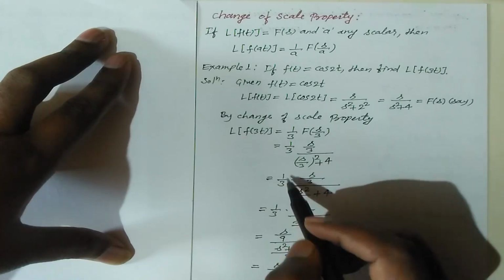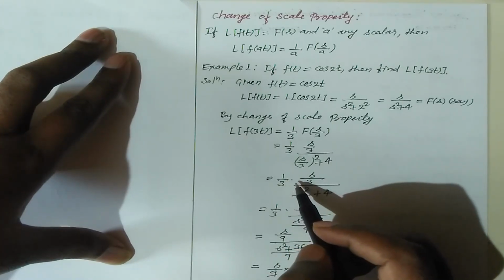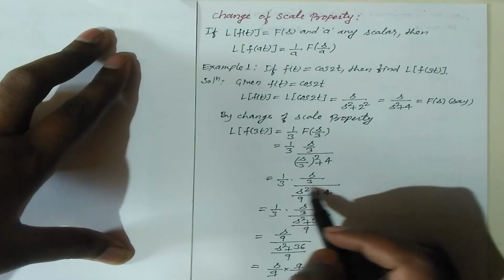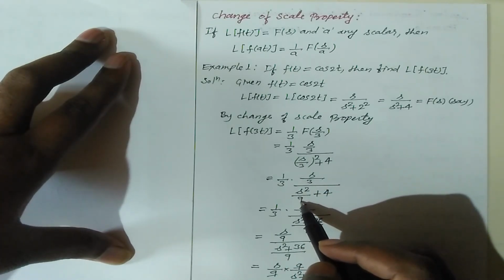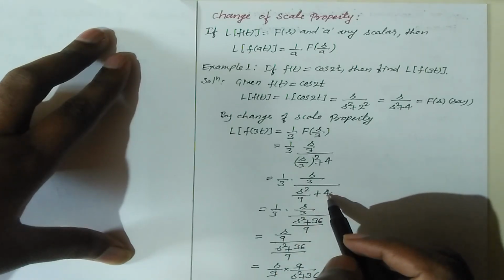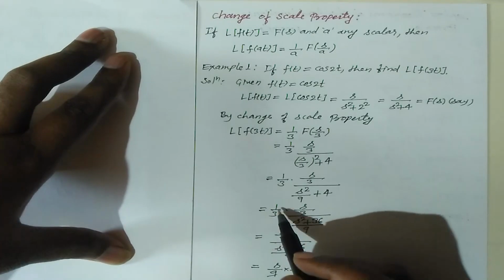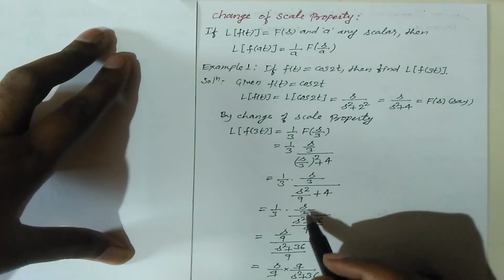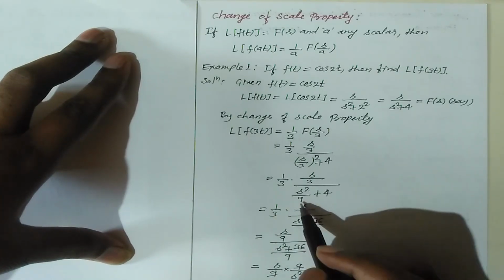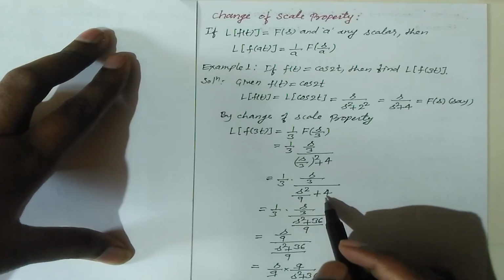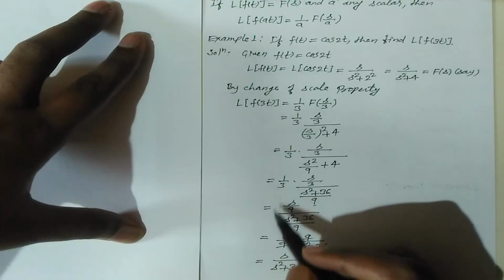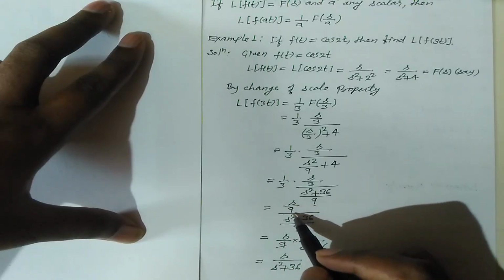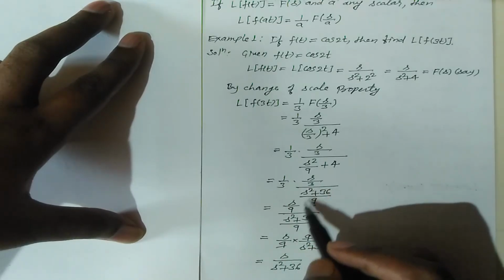and this equals 1 by 3 into s by 3 divided by s square by 9. So 3 square, that is 9, and plus 4, and this equals 1 by 3 into s by 3, and we cross multiply, 9 into 4 is 36, divided by 9. This equals s by 9, 3 multiplied by 3, that is 9.